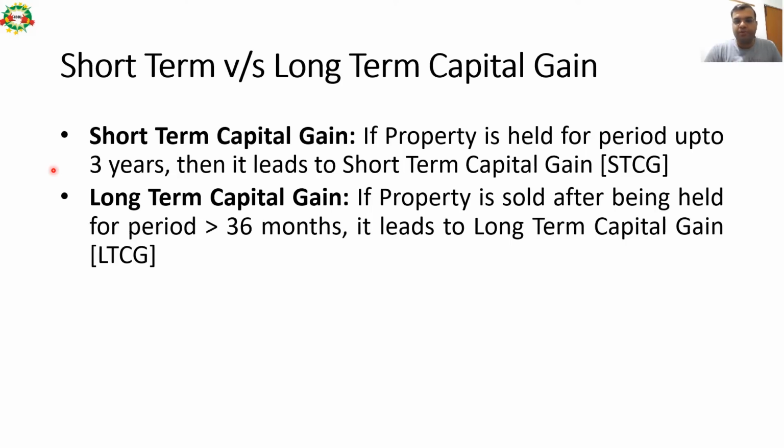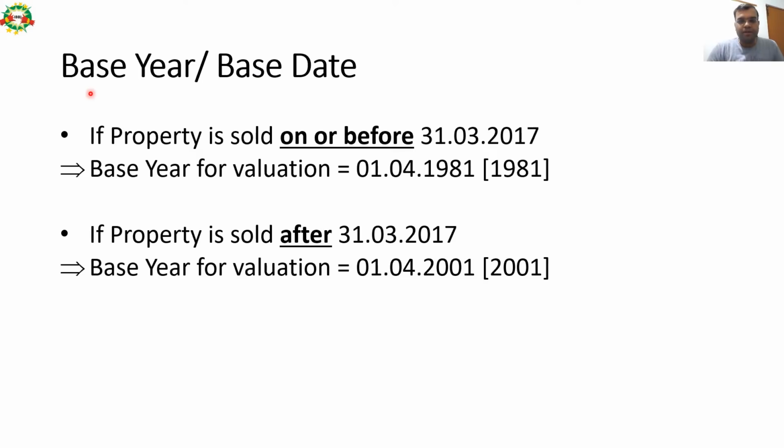However, if property is sold after being held for more than 36 months or 3 years, it leads to long-term capital gain. So property should be kept or sold after 3 years. If a property is sold at exactly 3 years, it leads to short-term capital gain, not long-term capital gain. Base year and base date.